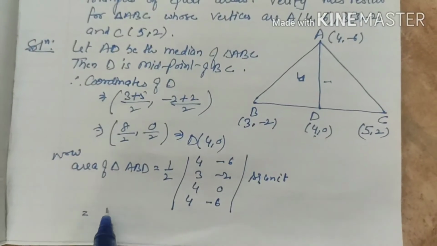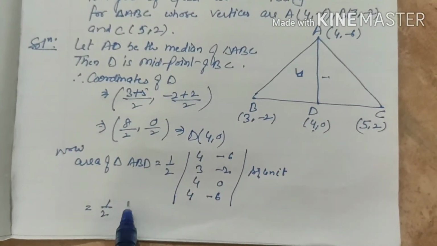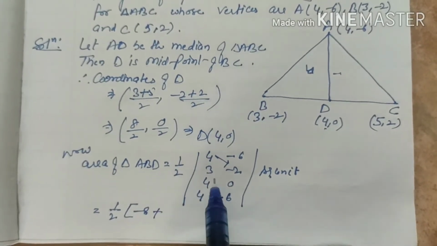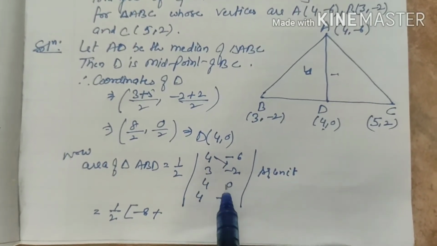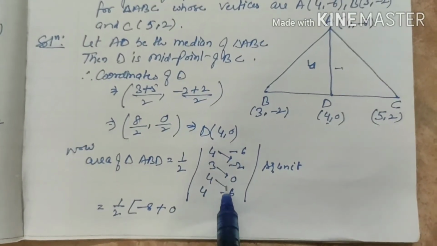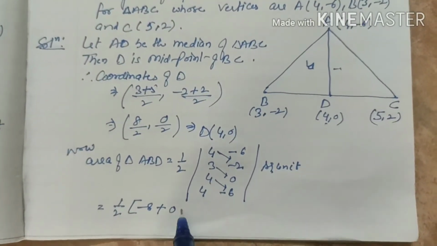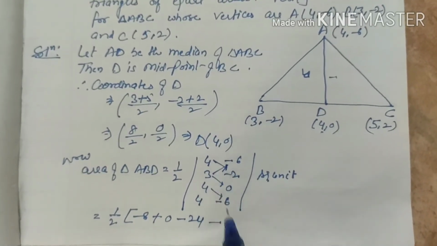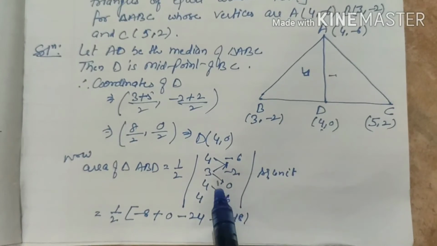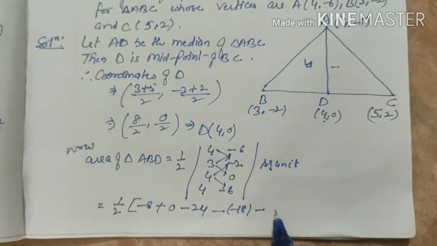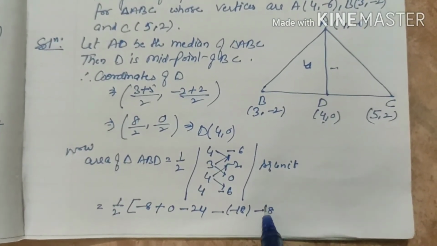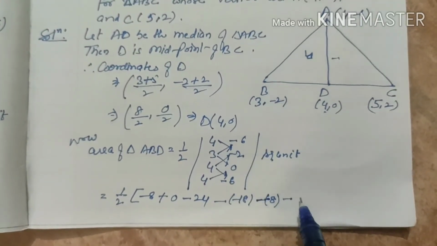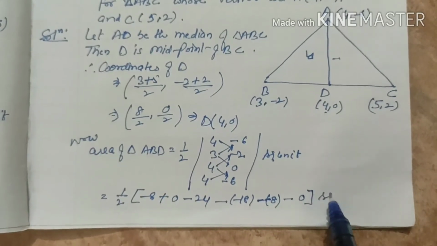So next step, we'll have 4 into -2 becomes -8, plus 3 into 0 becomes 0, and then 4 into -6 becomes -24. Then minus 3 into -6 becomes -18, and 4 into -2 becomes -8, and minus of 4 into 0 becomes 0 square unit.